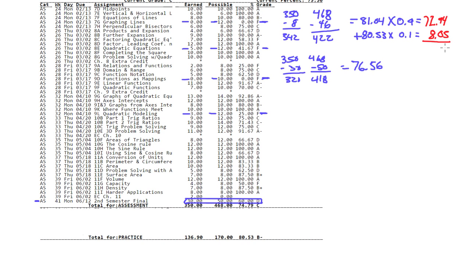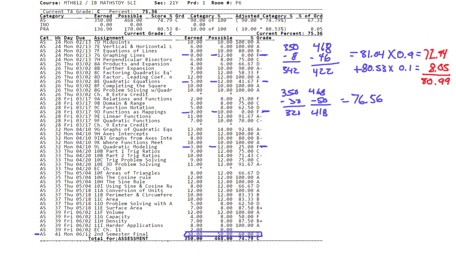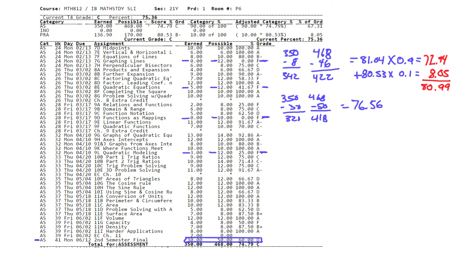Now we add those two together, 80.99. So we were at a C, which was 75.36, and now we're up to an 80.99. So dropping that test raised our grade 5.5%. That's pretty significant.